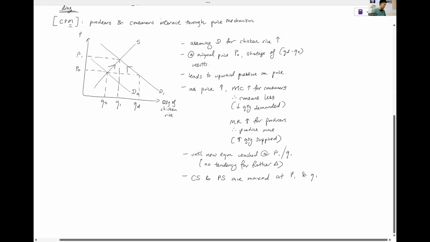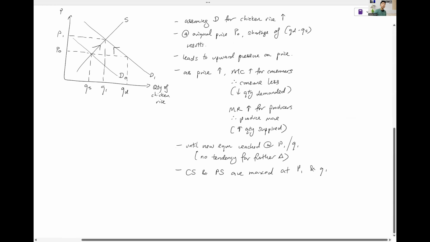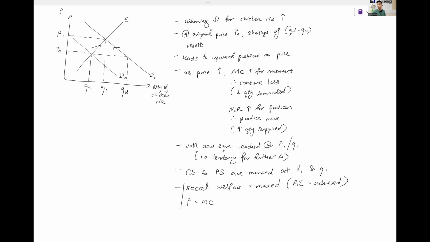And then you can say social welfare is maximized, allocative efficiency is achieved. Some schools, if they're familiar, can even say price equals marginal cost, allocative efficiency is achieved. But if you don't say it, it's okay as well.